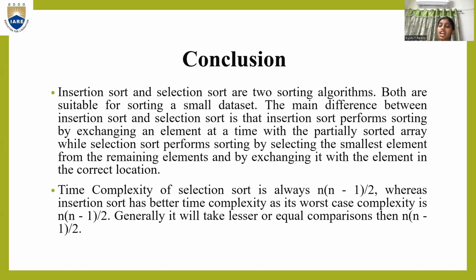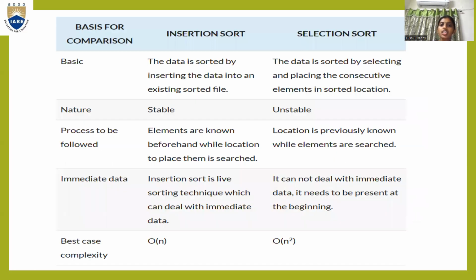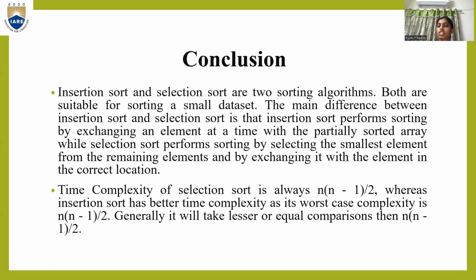And the other difference is that selection sort is unstable, whereas insertion sort is stable. And coming to immediate data, insertion sort can accept the immediate data also, whereas selection sort cannot accept the immediate data. So these are some of the main important differences between selection sort and insertion sort.